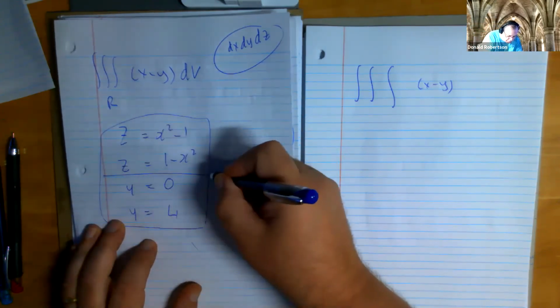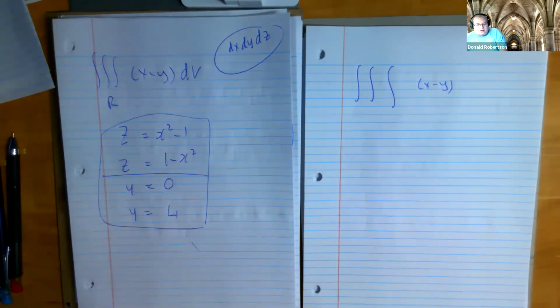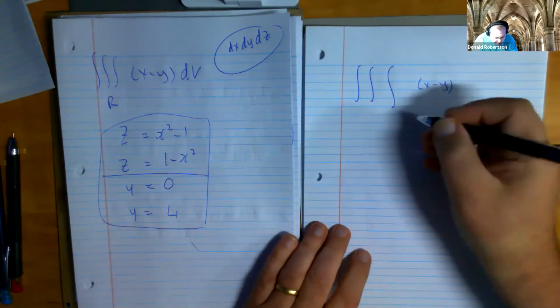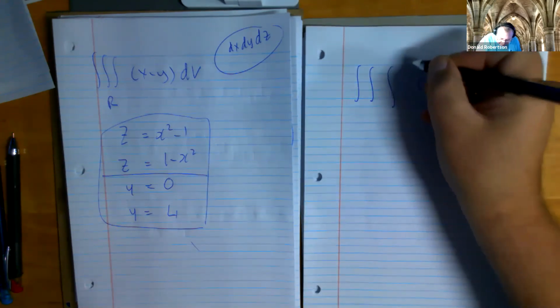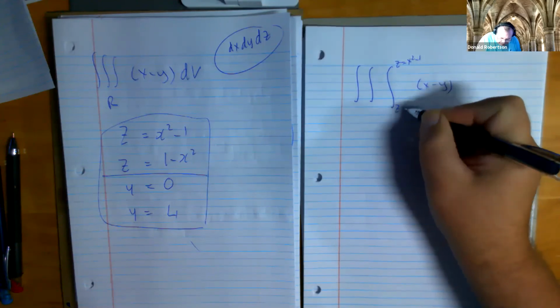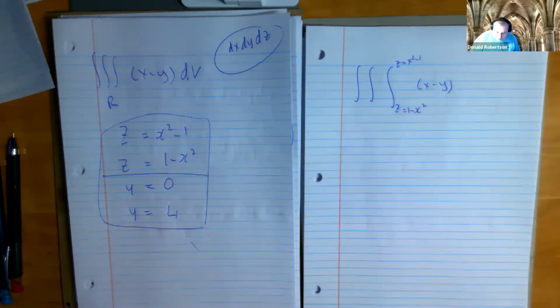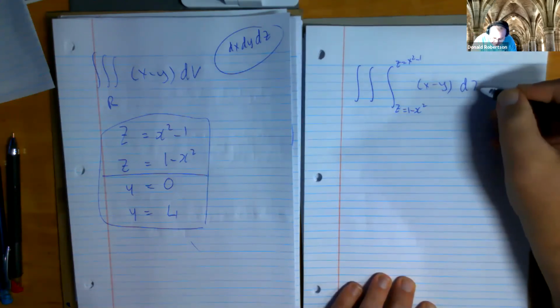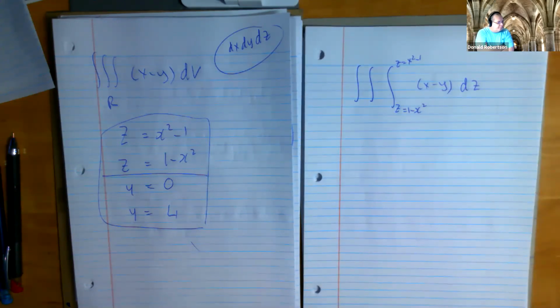Would you agree that those two guys are pretty much telling me the z values to use? In other words, I am going to do z from x squared take away 1 to z equals 1 minus x squared. And that means I'm going to do dz first.